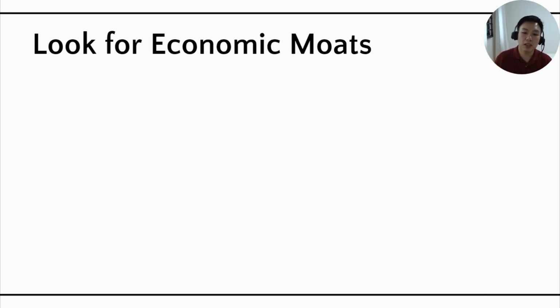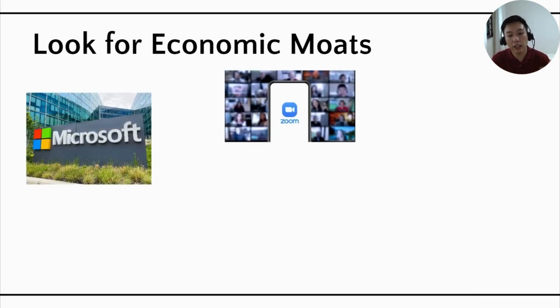Then another one, if we were to talk about quality stocks, we can look at stocks with a strong economic moat. Think about what products or services you will continue to use even during a recession. For me personally, for my work purposes, it has to be Microsoft and Zoom, because I use Microsoft Office, Word, PowerPoint and all that, and I use Zoom for work meetings, to even connect with third parties.